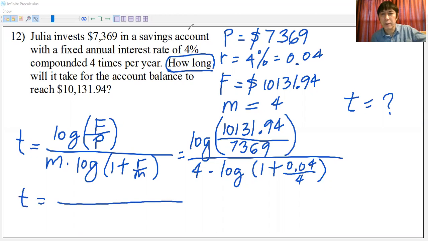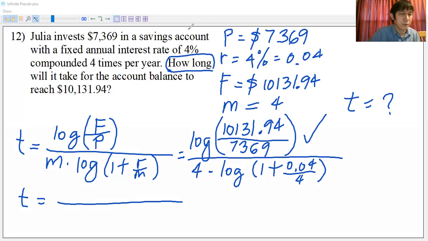All right, let's have the first part here. Separately computed, that's the logarithm of the ratio 10131.94 over 7369.